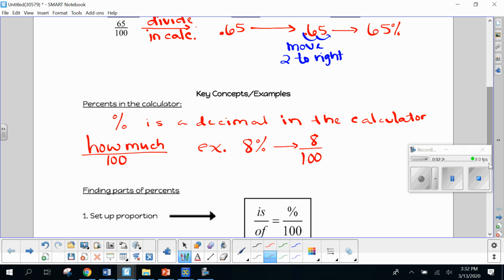Well, if I put that in the calculator, so I'm dividing 8 over 100, I end up with 0.08. So this is how you would get it in the calculator. You have your 8%, you're going to make that 8 over 100, and your decimal answer will be 0.08.